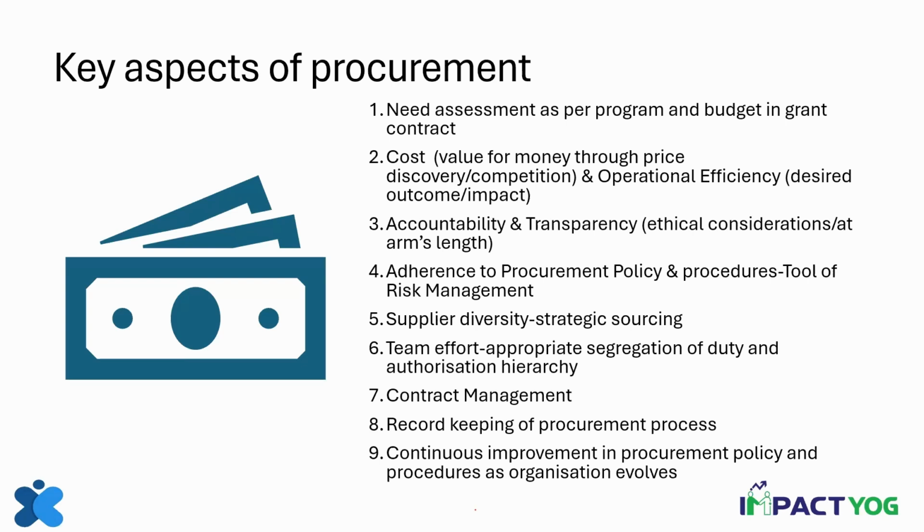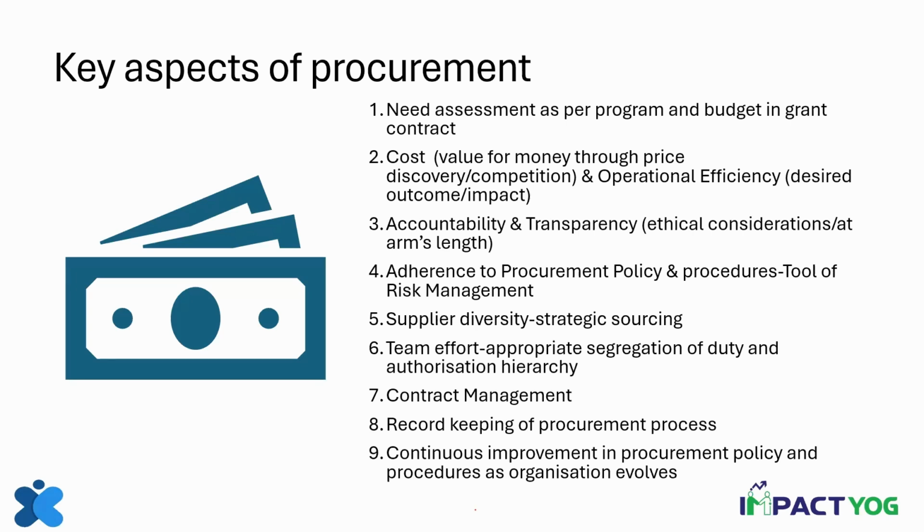The final responsibility for verification rests with you. So also the final responsibility for preparing the technical specifications rests with you. And therefore it is so important that you are an integral part of the process. So cost efficiency and operational efficiency is a very important aspect of procurement.